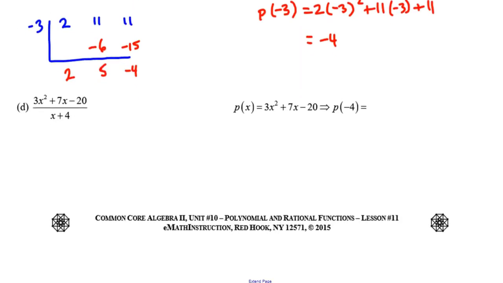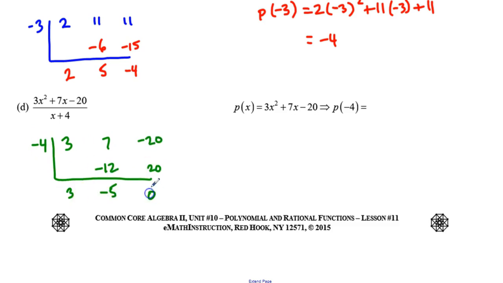Okay, and finally, if you haven't been working these out on your own, and you've just been writing down what I have, please work this out on your own. You need the experience of doing so. Let's work this last one out as well. Okay, interesting. We have a 0 as the remainder here, so I can write it just as 3x minus 5.